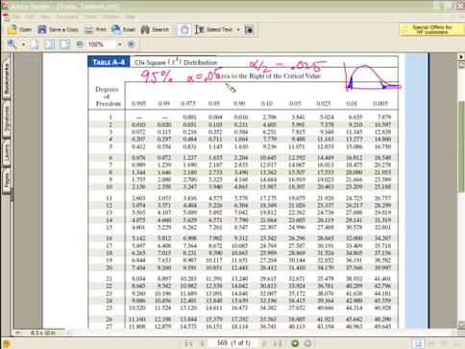If you look at the conditions for this table, we're looking at the area to the right of the critical value. So the area to the right of this critical value is 0.025, and the area to the right of the other critical value, on the left side, is 0.975.